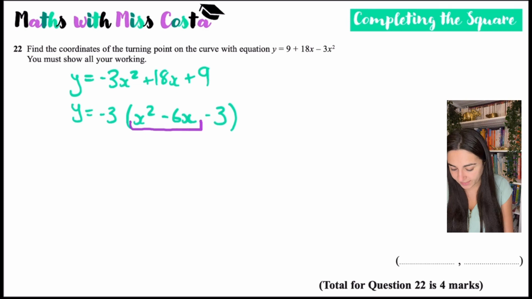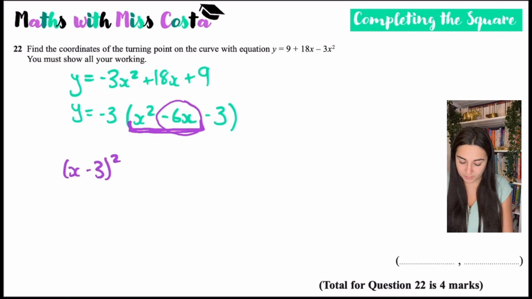I just want to focus on completing the square. So when I do this, essentially what I'm trying to do is factorize this. So I halve the middle number and I put it into brackets. So I've got x take 3 squared. Now I'm ignoring this part here. I'm only focusing on completing the square.